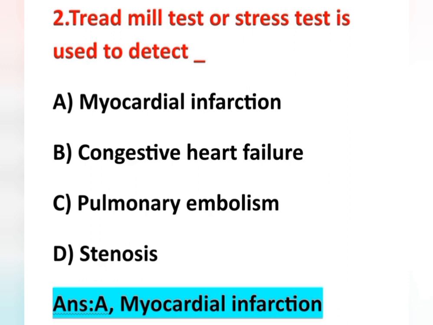The test involves walking in place on a treadmill while monitoring the electrical activity of the heart. Throughout the test, the speed is slowly increased to find out the exercise tolerance. That's the way the treadmill test or stress test detects cardiac problems.